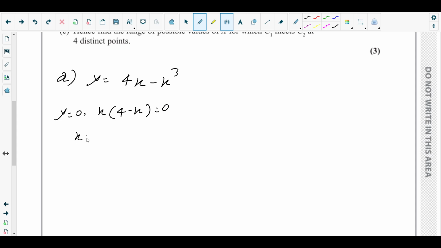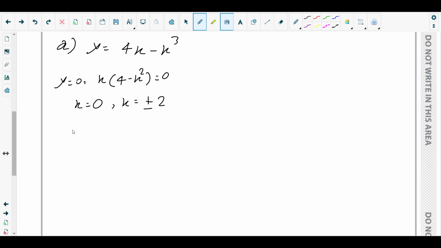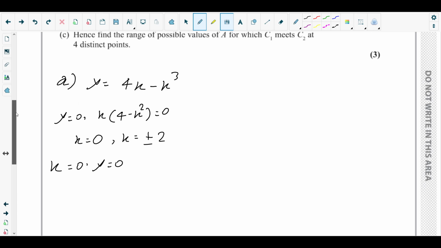So either x equals 0, or x squared equals 4, so you'll get x equals plus minus 2. It's not repeated, it's a single root, plus minus 2. So it's a decreasing curve. We got the x intercepts, and now the y intercept: put x equals 0, and you get y equals 0. That means the origin is the y intercept.